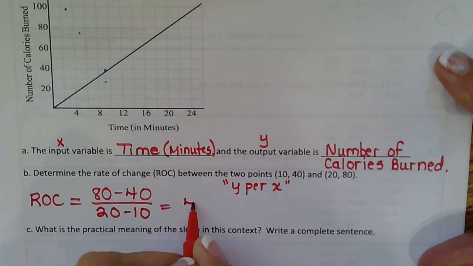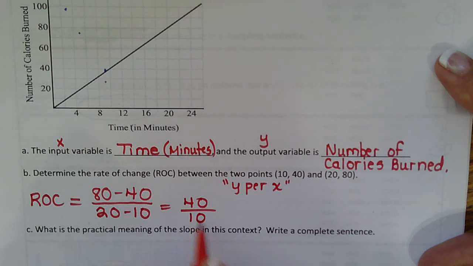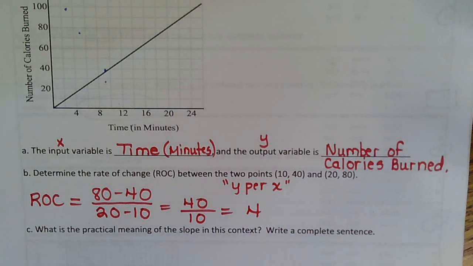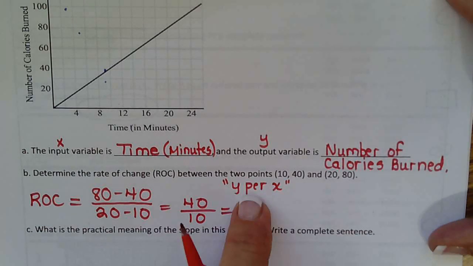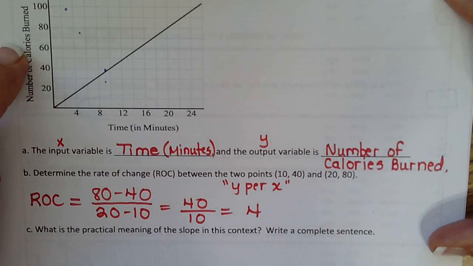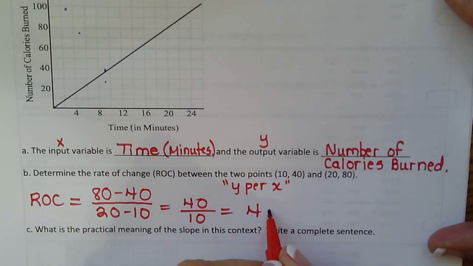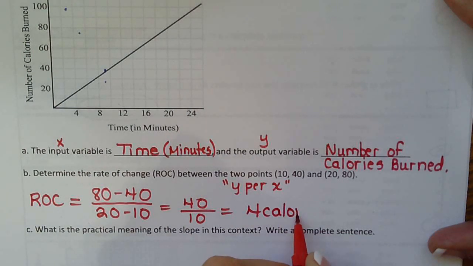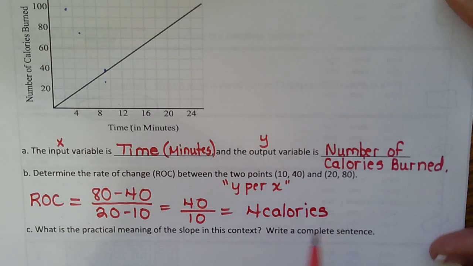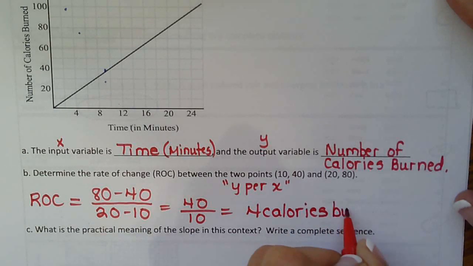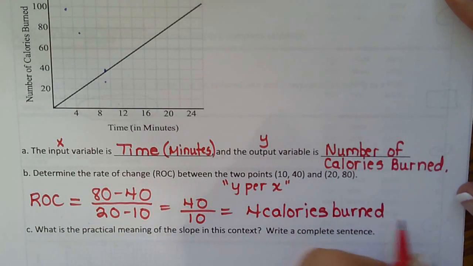So this is 40 over 10, which is 4. Now we need to know for what. So y per x would be calories per minute. I guess calories burned per minute would be better.